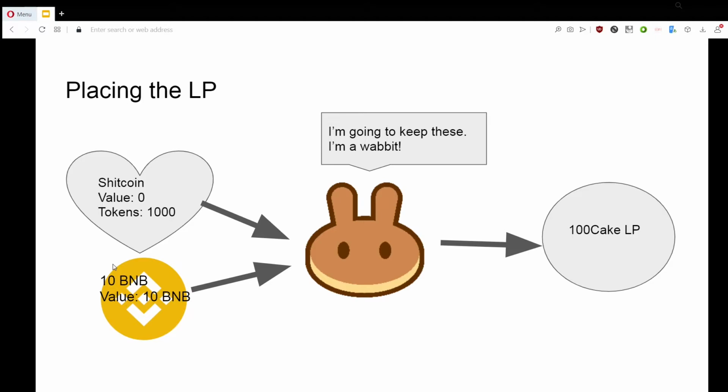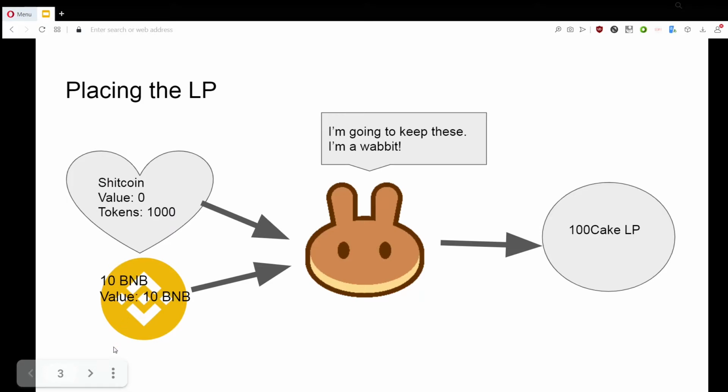So at this point, PancakeSwap has your shitcoin and it has 10 BNB. It's locked up in the pool. That's the liquidity pool that we are having.